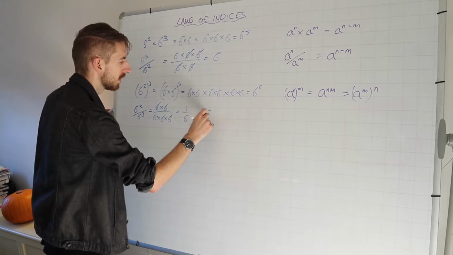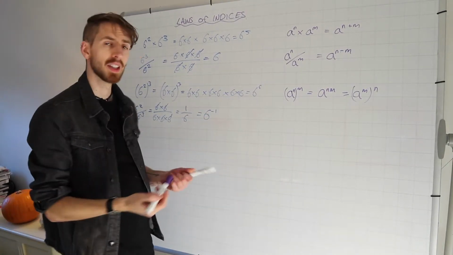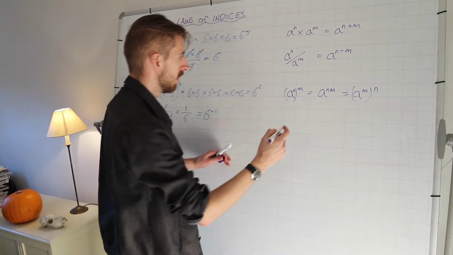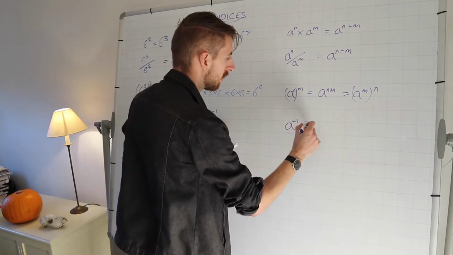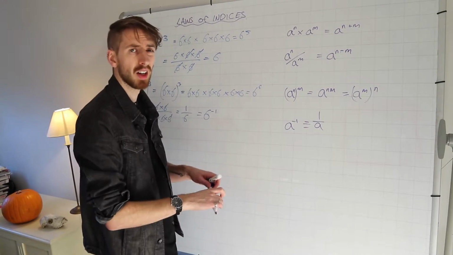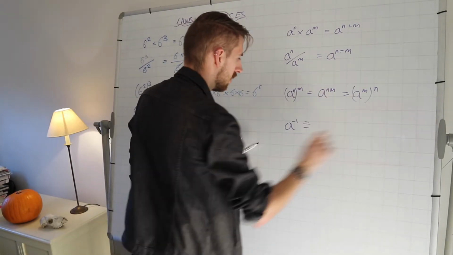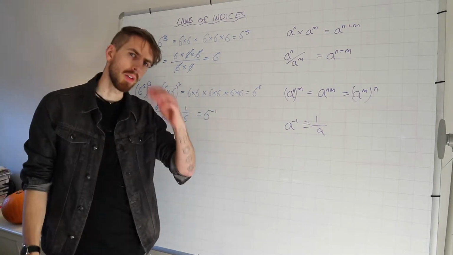That is equal to 6 to the minus 1. Now that is another property of indices, where if we have anything to the power of minus 1, that is exactly the same as 1 over it. So how many have we got? 1, 2, 3, 4. We've got a few more to go.